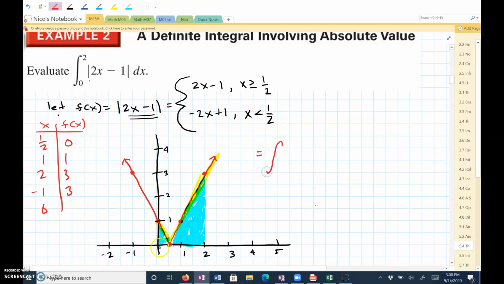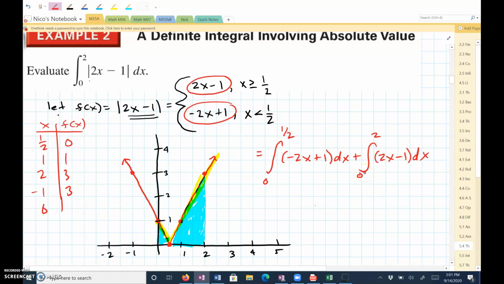I'm going to take the integral from 0 to 1/2, and from 0 to 1/2, that's this part of the function. And then from 1/2 to 2, that's going to be this part of the function. Okay? The next video will integrate this.